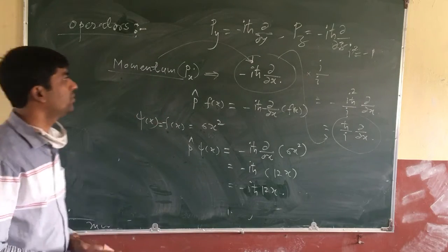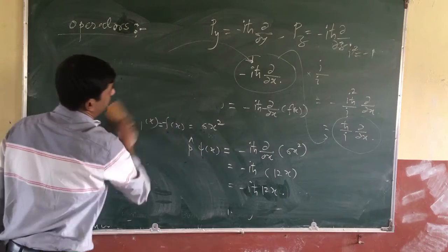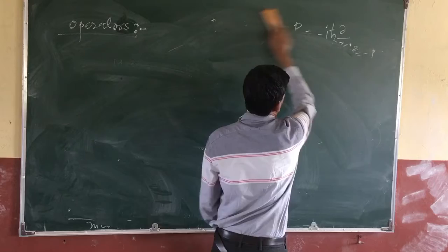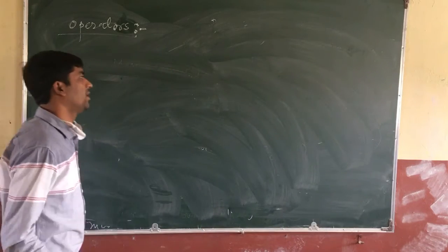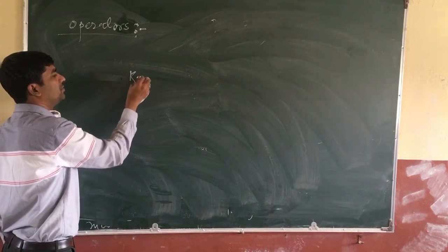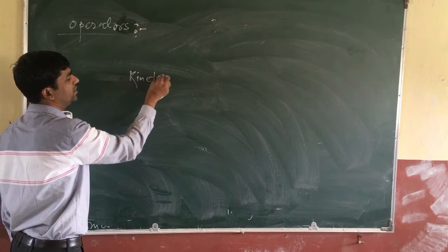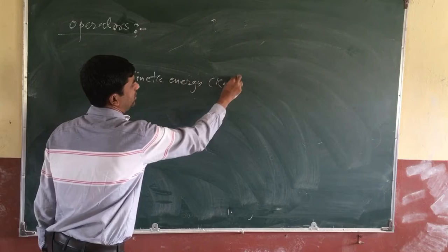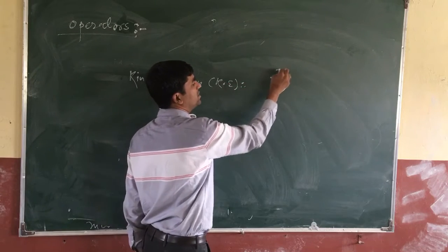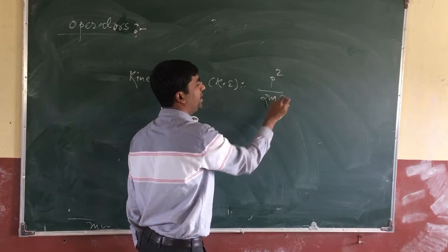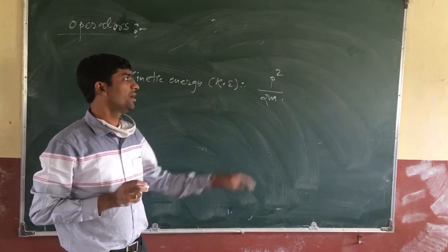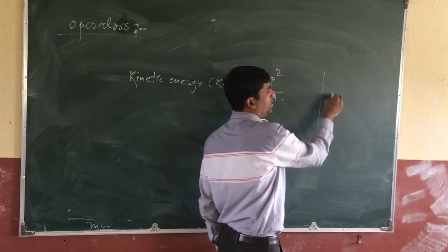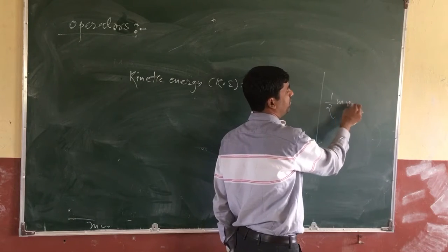Now you are going to learn what the operator for kinetic energy is. What is kinetic energy? It is given by P square divided by twice m, where P stands for momentum. Why is this? Because kinetic energy is half m v square.